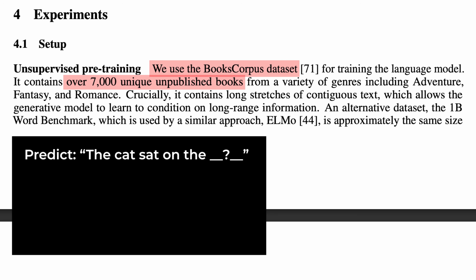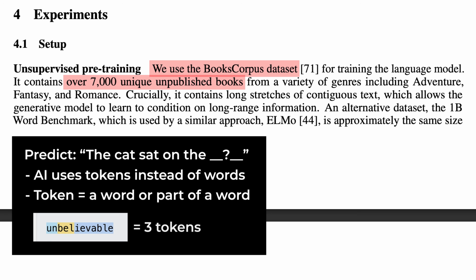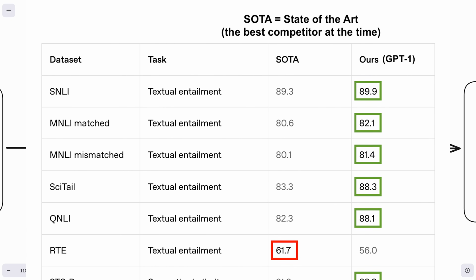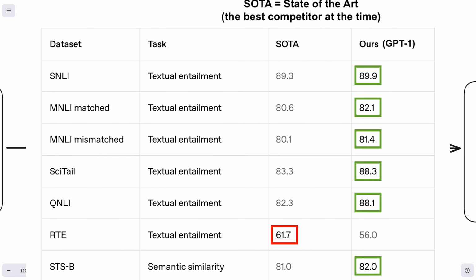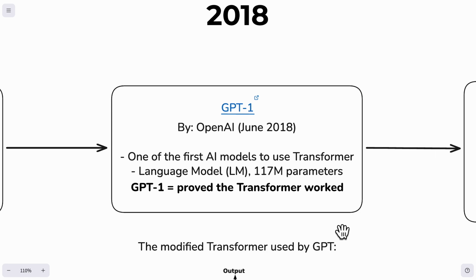Now, to be more precise, the AI actually uses tokens instead of words. A token is basically a word or part of a word, and AI uses tokens because it's more efficient. So GPT-1 showed strong performance in many different language tasks, and it even beat previous AI models that were designed specifically for each task. So basically, GPT-1 proved that the transformer worked.